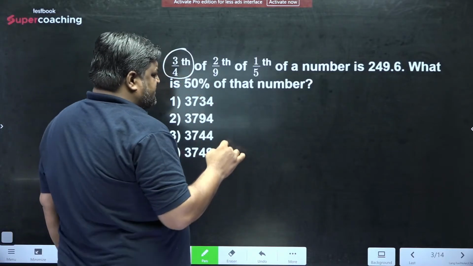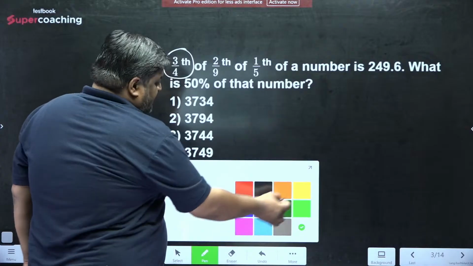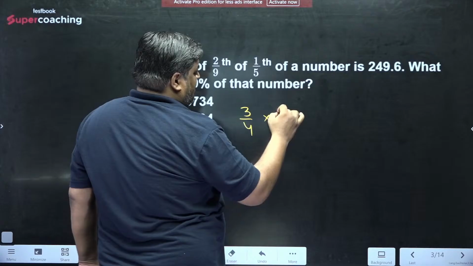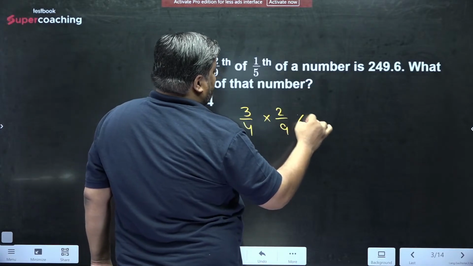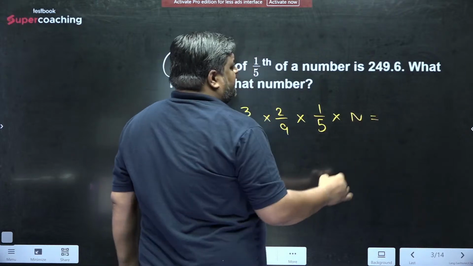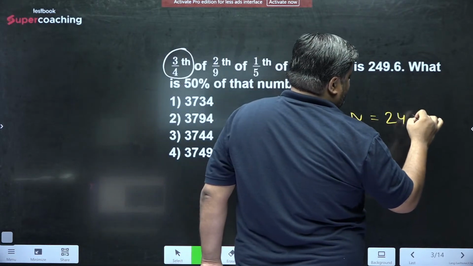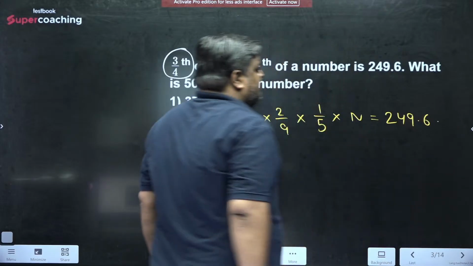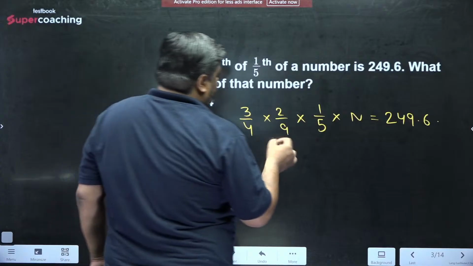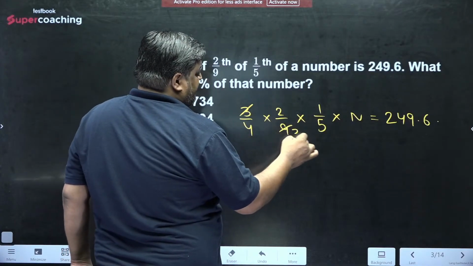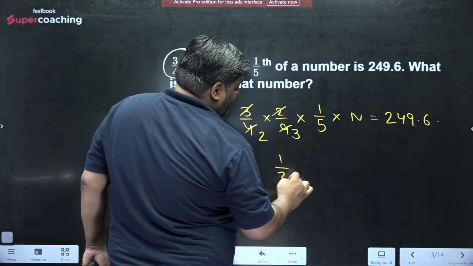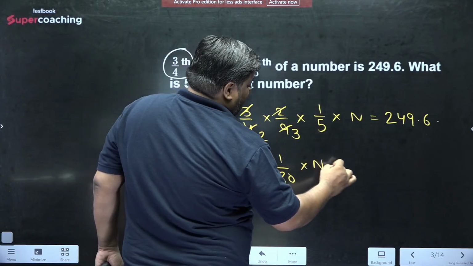So the question is pretty straightforward. 3/4 times of 2/9 times of 1/5 times of a number n is 249.6. So this goes in 3 times, this goes in 2 times. So this is 1/30 into n.